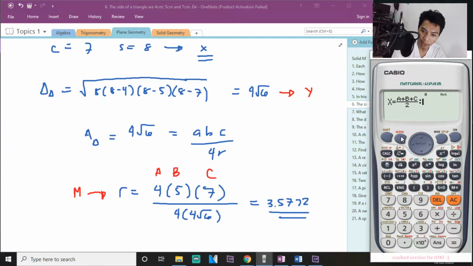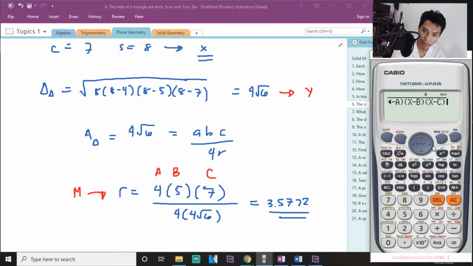And then, alpha Y, this will be the area ng triangle, equal to square root alpha X quantity alpha X minus alpha A quantity alpha X minus alpha B, then alpha X minus alpha C.